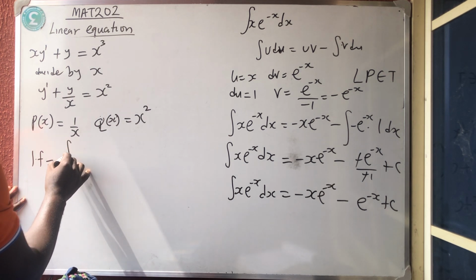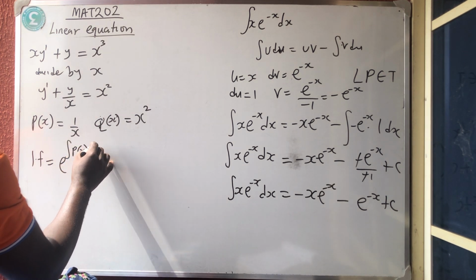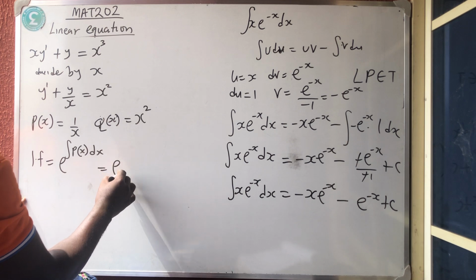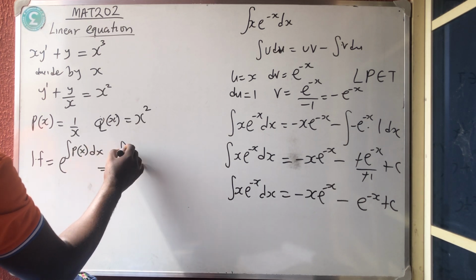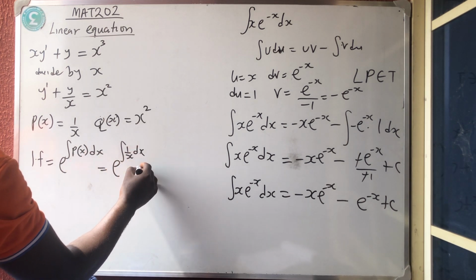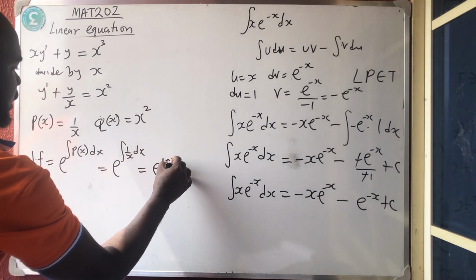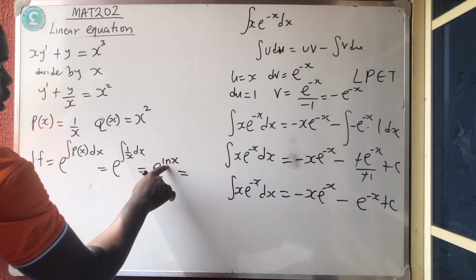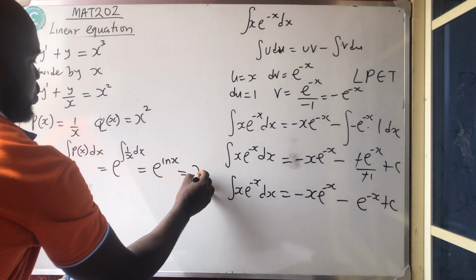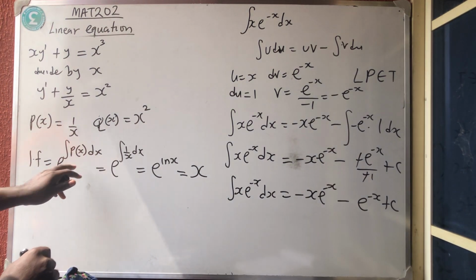So the only thing I need to get now is the integrating factor, which is e raised to power the integral of p of x dx, which is e raised to power the integral of 1 over x dx. The integration of 1 over x is ln x, and ln is the opposite of exponential, so I'm left with just x. So my integrating factor is just x.